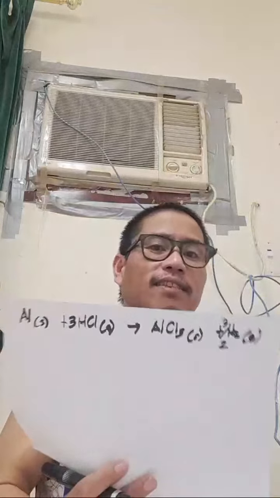Okay? It's already balanced here. Why do I say balanced, guys? Because 2 times 3 is 6, 6 divided by 2 is 3, and 3 is hydrogen on the other side. So this is balanced. It's balanced at the first step already. I don't want to cancel the improper fraction.